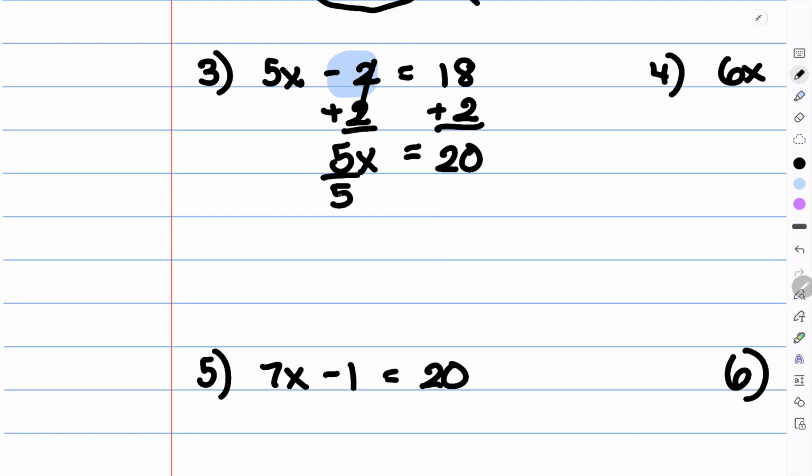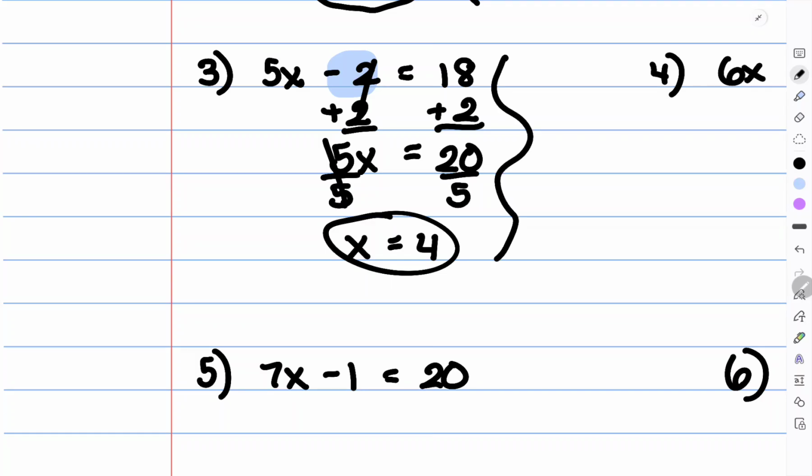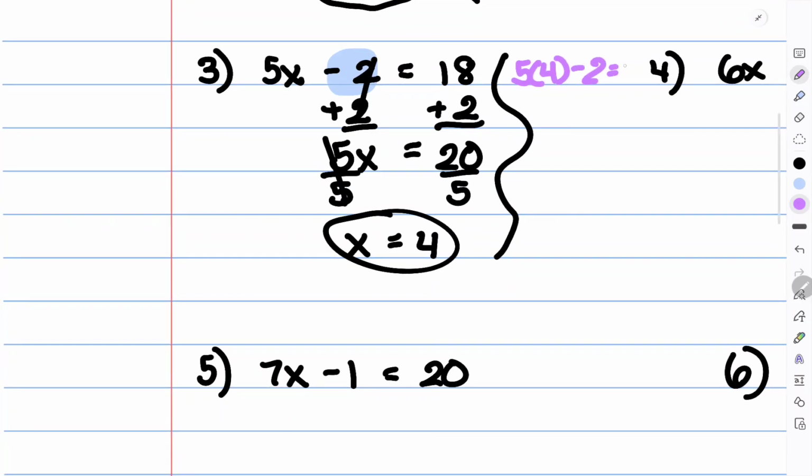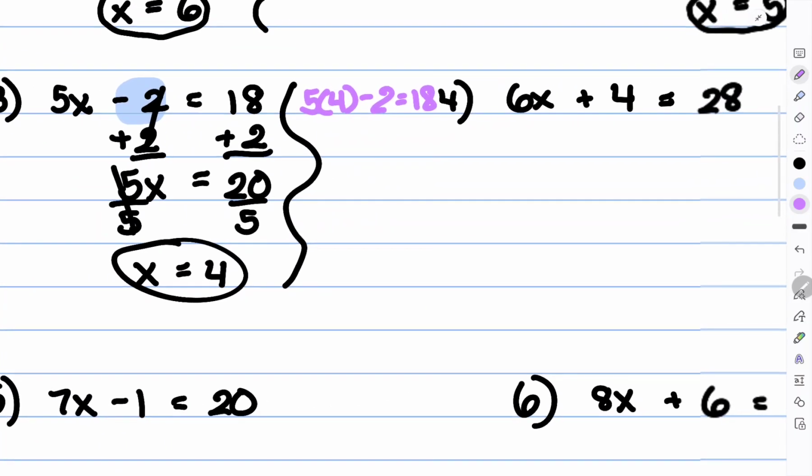Now we do the opposite of multiplying and divide. x equals 4. I hope you're getting this. Now we check it: 5 times 4 minus 2 equals 18. 20 minus 2 is 18. Does 18 equal 18? Yes, so we did this right.